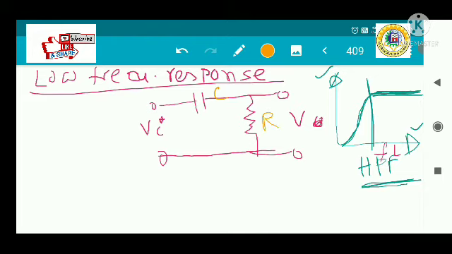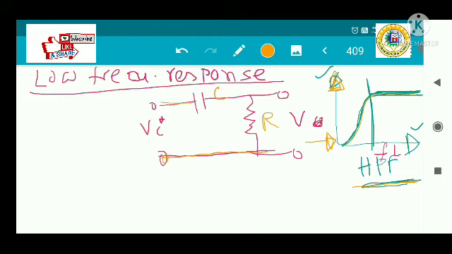The response of this high pass filter circuit is actually the same. That's why we are analyzing this circuit, because I said previously that the low frequency response of the BJT looks like this. So this is nothing but a high pass filter, and this circuit is nothing but a high pass filter. That's why next we are going to study the high pass filter.